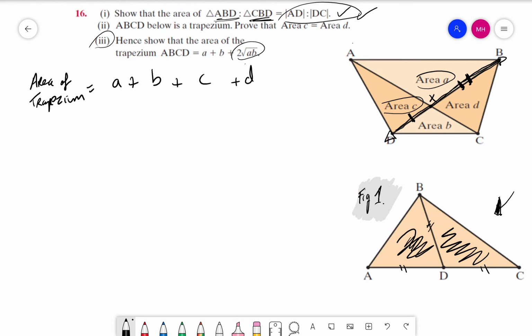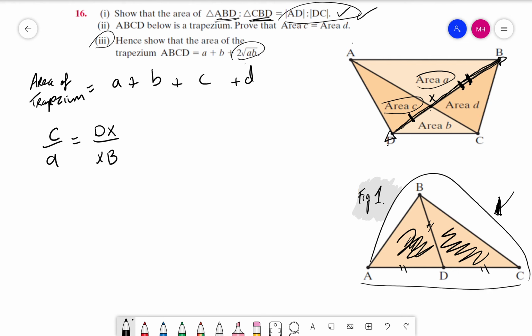So the area of C, for example, over A is equal to the ratio of DX to XB. So that's the little side over the large side, X to B. Just like we had down here in this question. So C over A is equal to DX over XB.